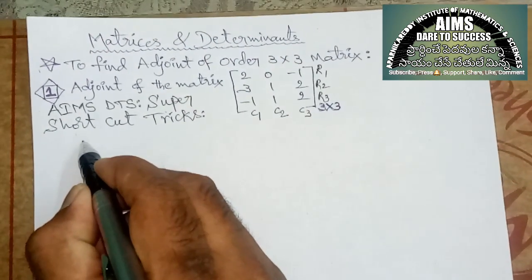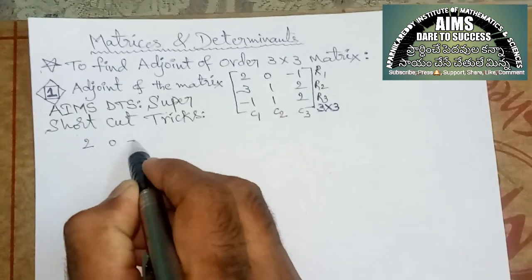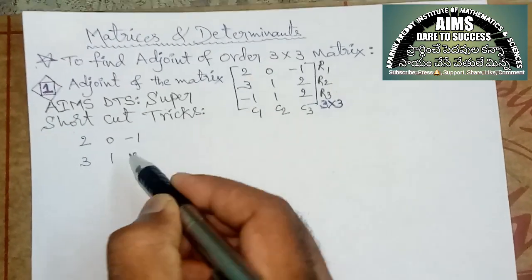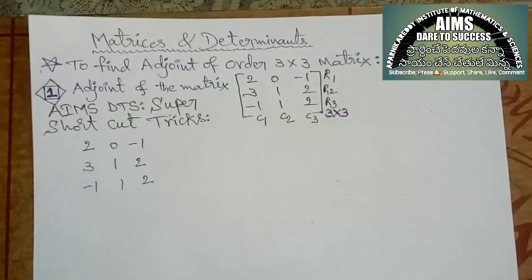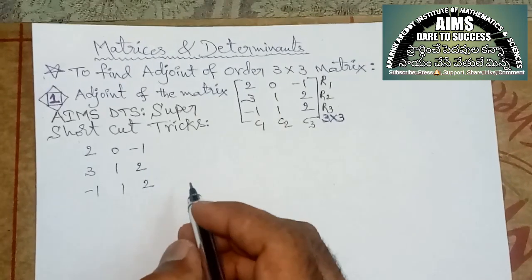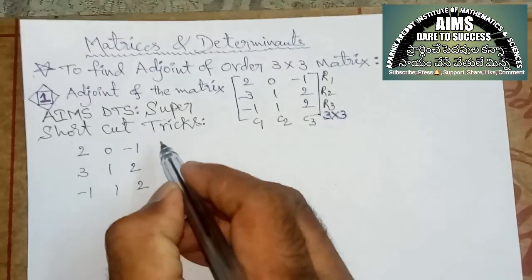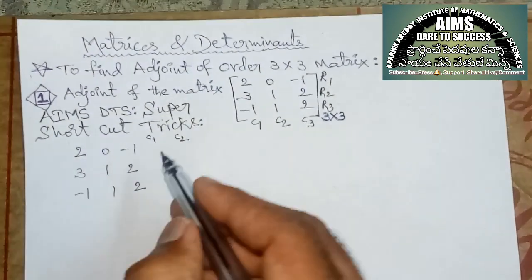You can write one more time the same matrix: 2 0 minus 1, 3 1 2, minus 1 1 2. After this, again you can write, as it is, column 1 and column 2 from this matrix.